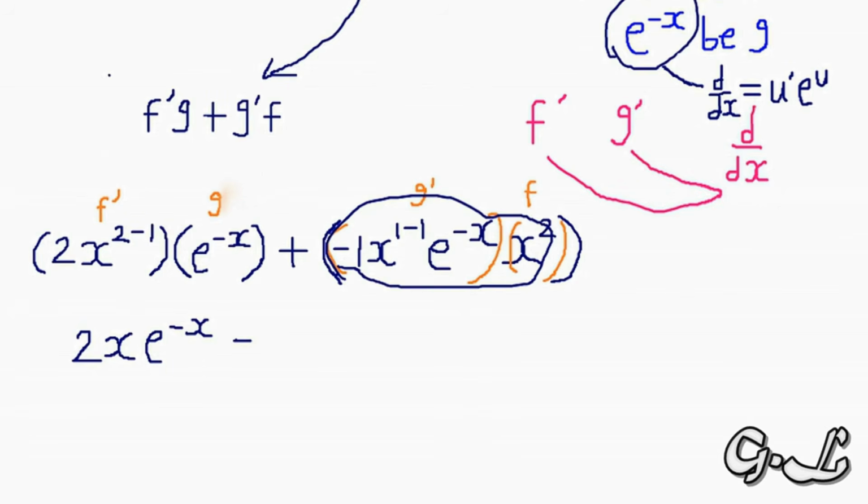Again, we're going to consider what is in the other bracket. So we're going to write plus open brackets, and we're going to simplify what is in those brackets. The first part is -1 x to the power 1 minus 1. So 1 minus 1 simply gives you 0, and x to the power 0 is 1, and 1 times -1 gives you -1.